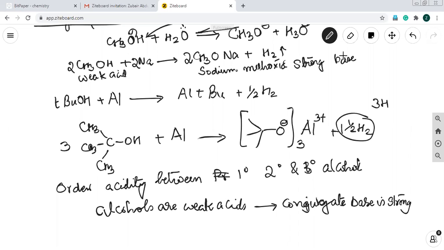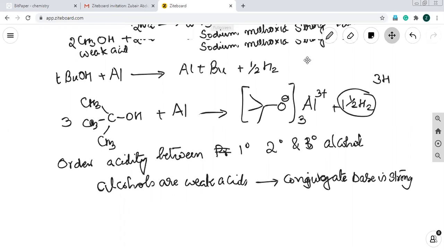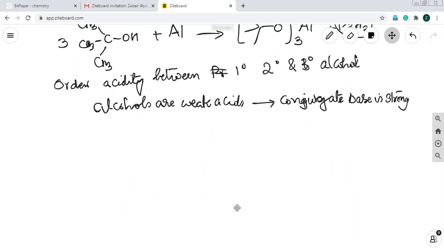The one which is giving a stronger conjugate base will be the weaker acid.